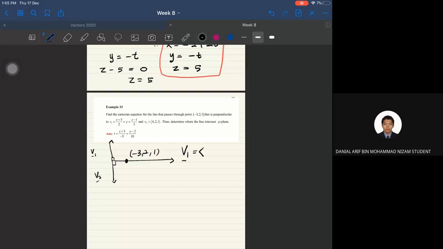Cuba bagi tahu saya apa nilai vektor 1 awak. Vektor 2 kita tahu 4, 2, 1. Vektor 1 ni apa nilai dia?